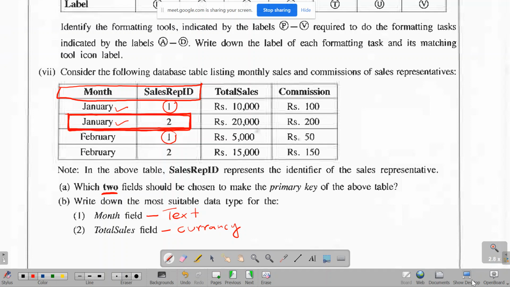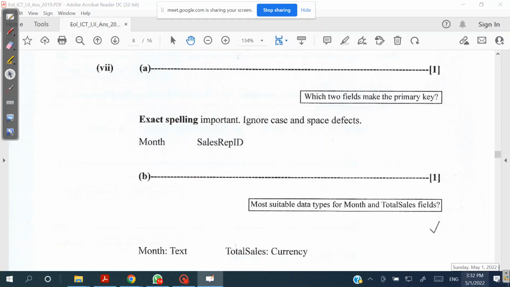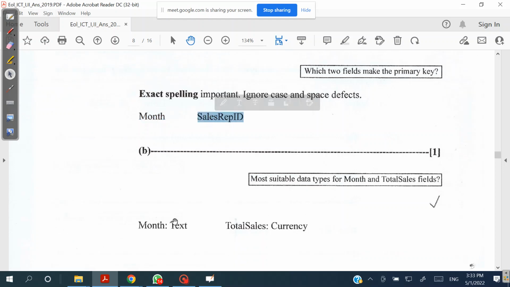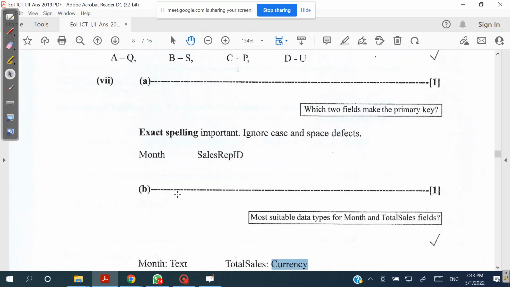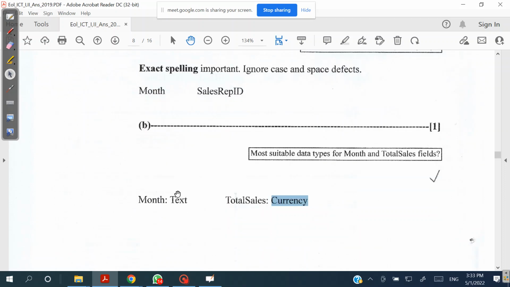Let's cross check this. Even here they have considered these spellings. So for the primary key it's month and sales rep ID, for the month it's the text data type, and for total sales it's the currency data type. So 1 mark for the A part and 1 mark for the B part.